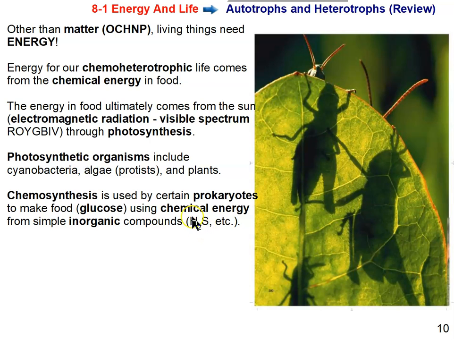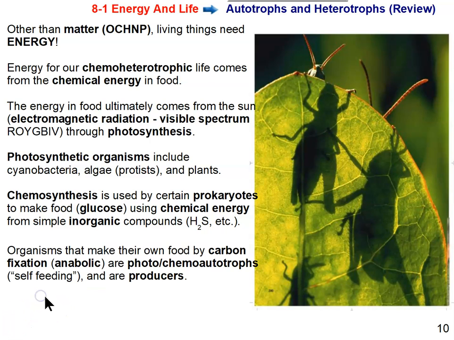And that's the primary example that we're looking at, but there are a myriad of other simple inorganic compounds that chemosynthetic organisms are using to obtain energy for chemosynthesis, to make their own food.